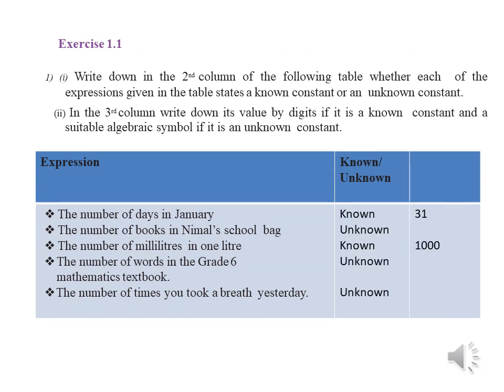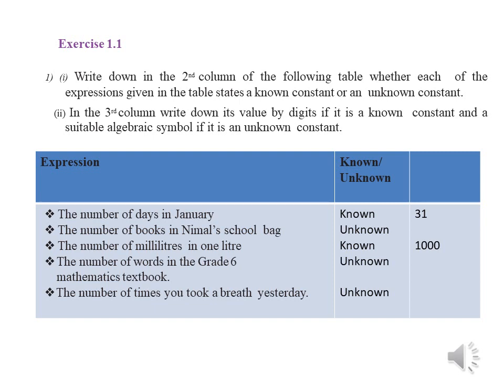Okay, now you understood which are the known and unknown terms. There's some exercise you can practice now. First one, write down in the second column of the following table whether each of the expressions given in the table states a known constant or an unknown constant.